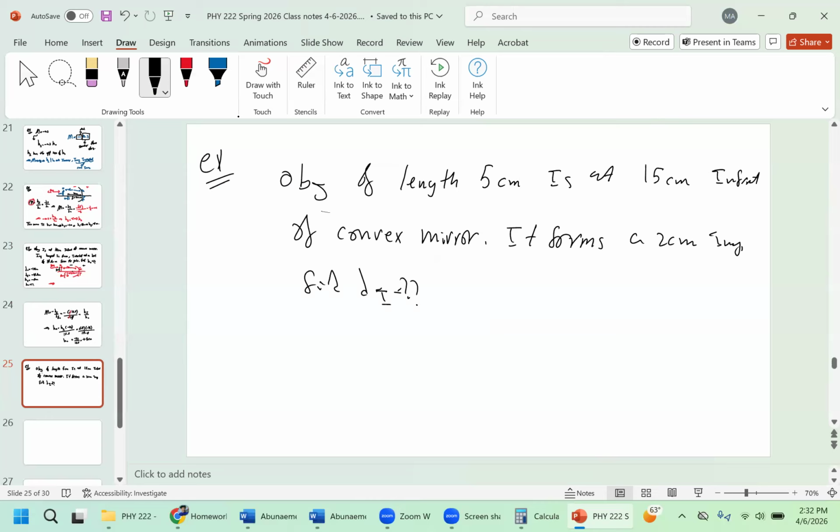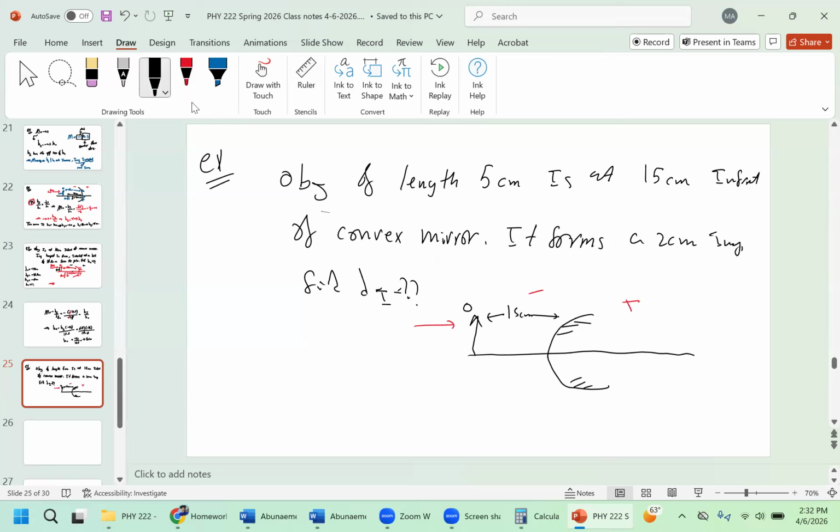And again, it's like you read it. So first of all, you got a convex mirror. Here's your convex mirror. That means the object has to be over here on the shiny side. The object is 15 centimeters. That's your object. Again, you get your light over here. It's coming in this way, so that's your positive, that's your negative.